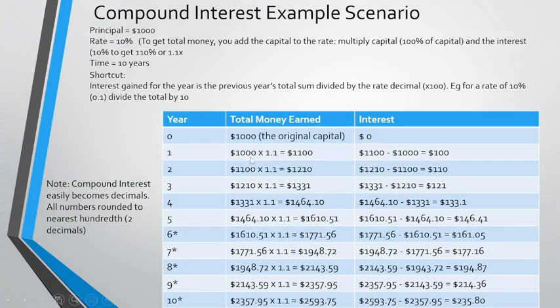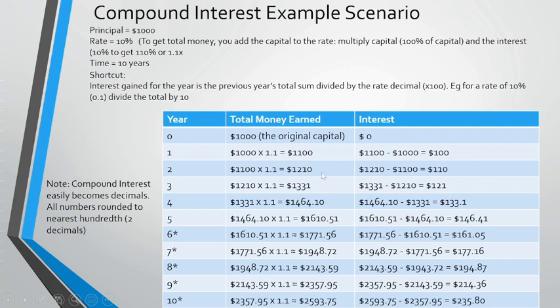The relation you might not have noticed is this is $1,000 times 1.1, and then you're multiplying this $1,100 times 1.1 equals 1,210. But remember here, 1,100 is already $1,000 times 1.1. So this total 1,210 would be basically like saying 1,000 times 1.1 times 1.1.